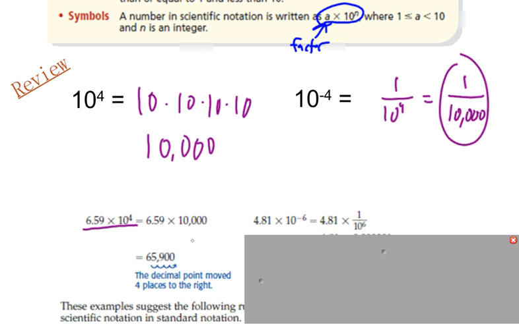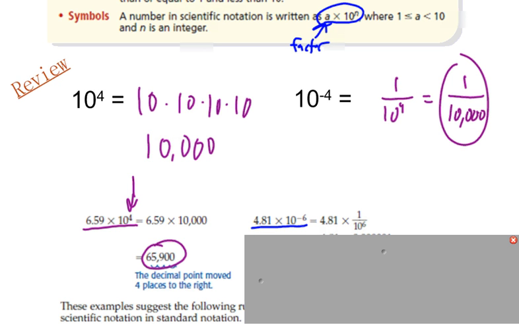That's what the number would be if you take this in your calculator. You may notice that the decimal just moved 4 places to the right. If it is a positive power of 10, then it'll move the decimal that many places to the right.